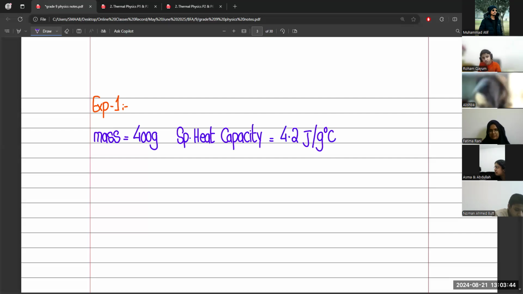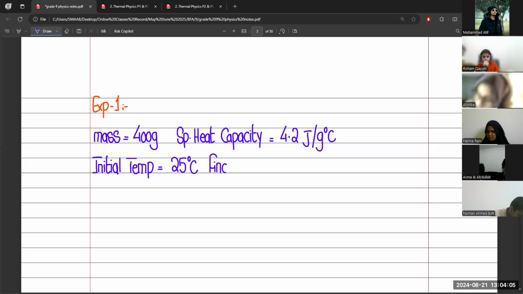Third, we have initial temperature. So the initial temperature of the body is 25 degrees Celsius and the final temperature is 60 degrees Celsius.